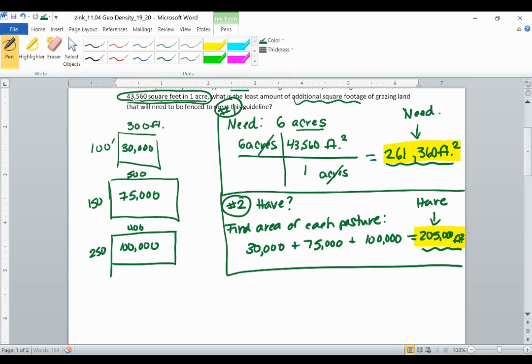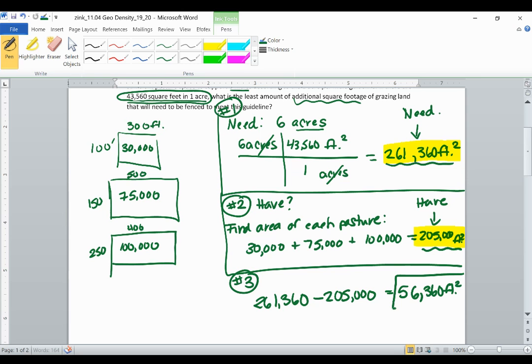Okay, so now step 3 then, what's the least amount that we need to add? So we're going to take what we need and subtract how much we already have. And that gives us a total of 56,360 square feet for your final answer.